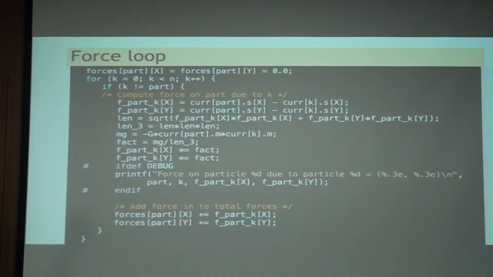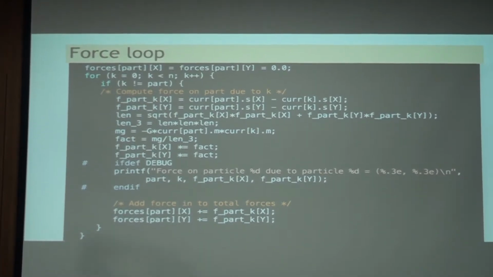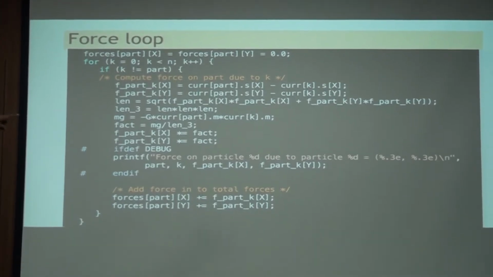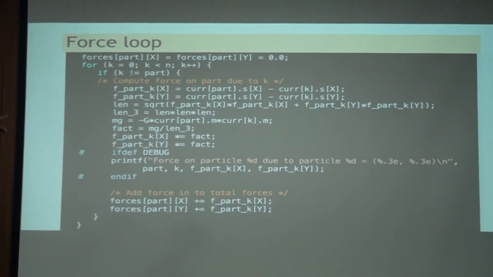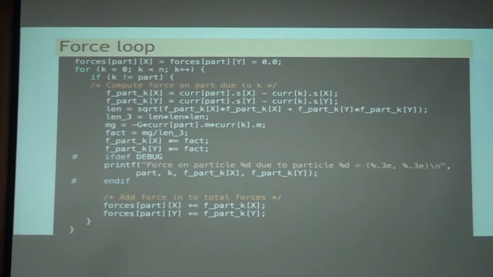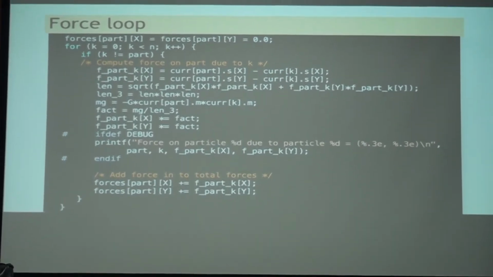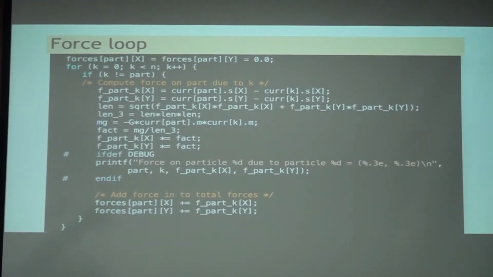But barring that, the algorithm is: if k is not equal to the particle, so it's not a self calculation, then they are computing the force of the current particle with respect to part and k.